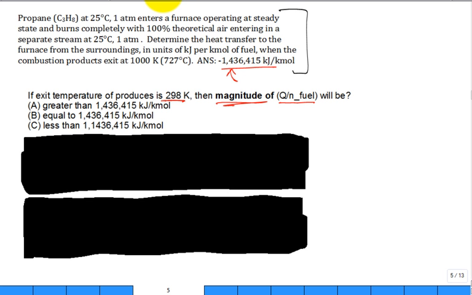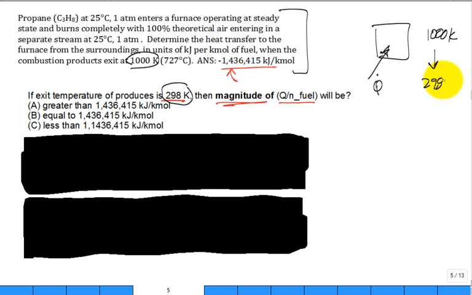All right, so we have a reactor, and we know that this is a Q dot going in, but I said the magnitude, so we know the direction is out. It's a combustion chamber. The heat transfers out of it, so it's just the magnitude. Now, what is 298 compared to 1,000? It was 1,000 Kelvin coming out. If it now is 298 coming out, isn't it colder?